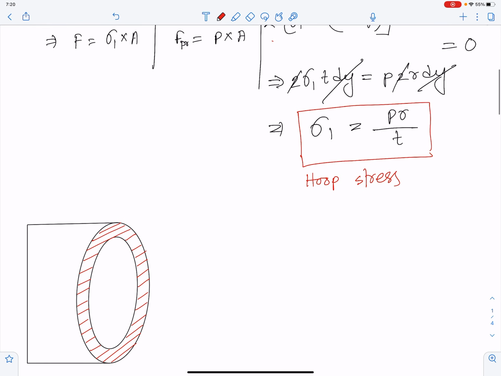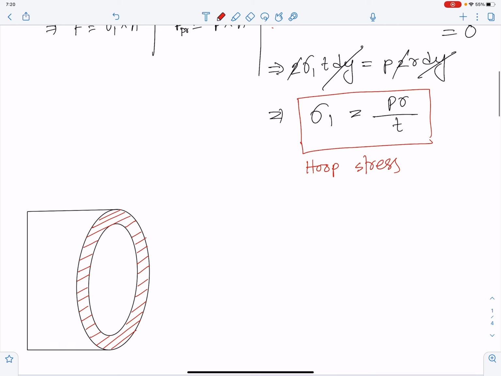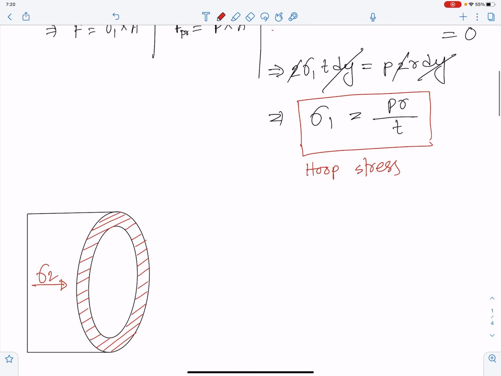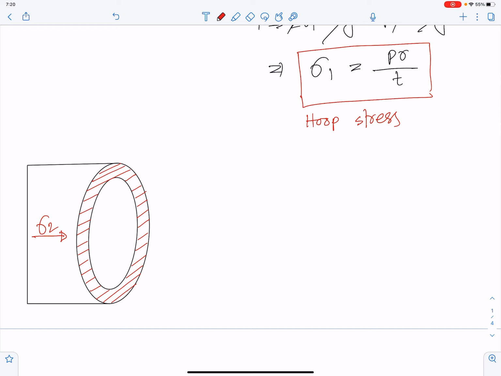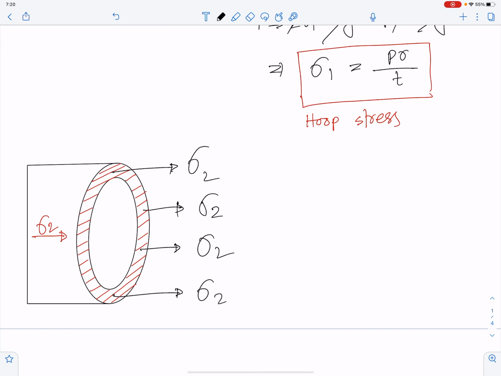Now let's take a look at the longitudinal direction. If we would like to get sigma 2, then we take the cross section. Let me just remove all those. We are basically taking the cross section right in the middle of this cylinder. Now we can see that sigma 2 is acting on this strip, in this thickness.